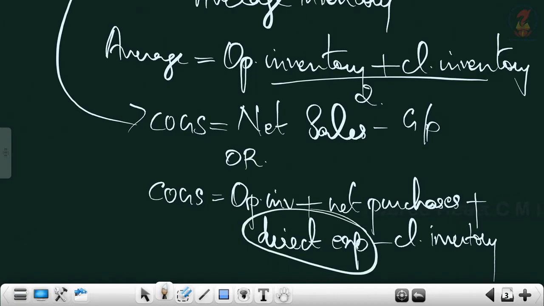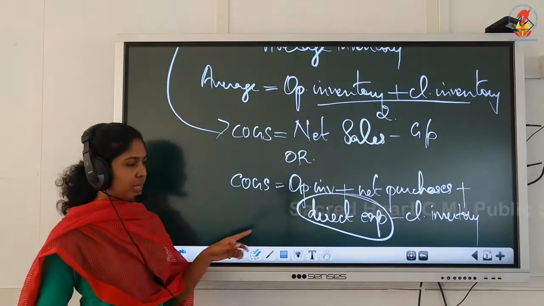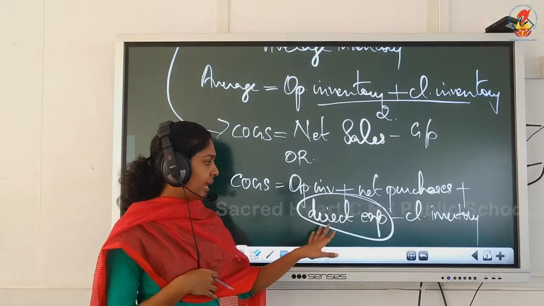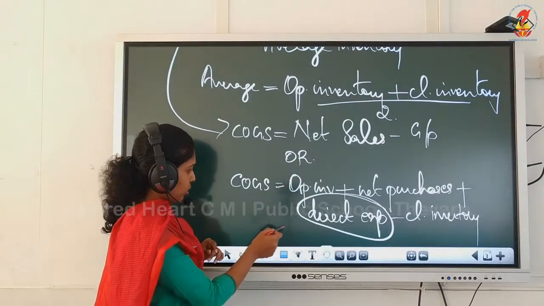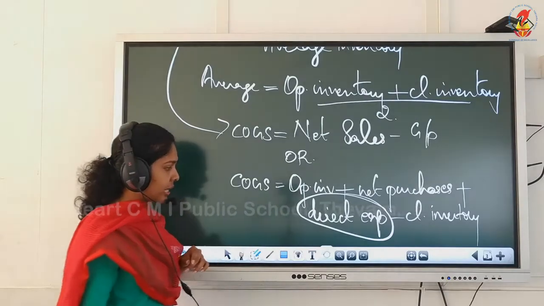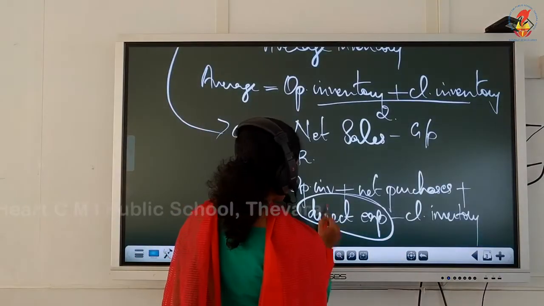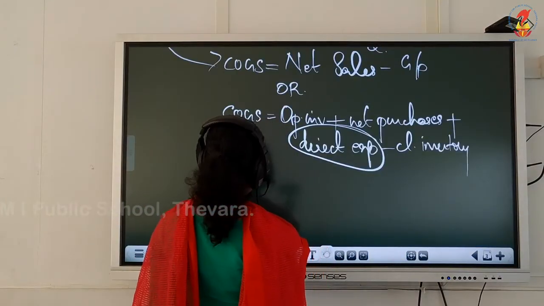And here this term is familiar to you. Direct expenses means expenses which are directly related to your production, like wages and salary will come under direct expense, whereas salary and wages will be indirect expense.